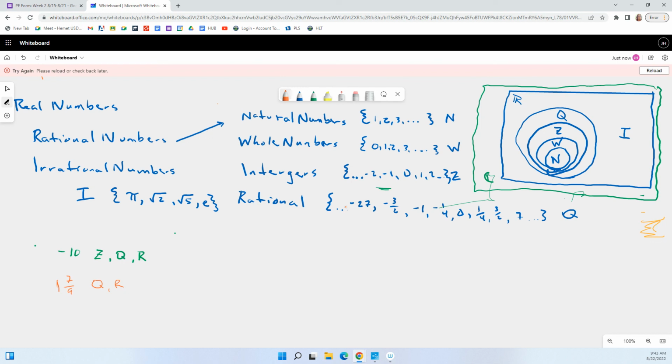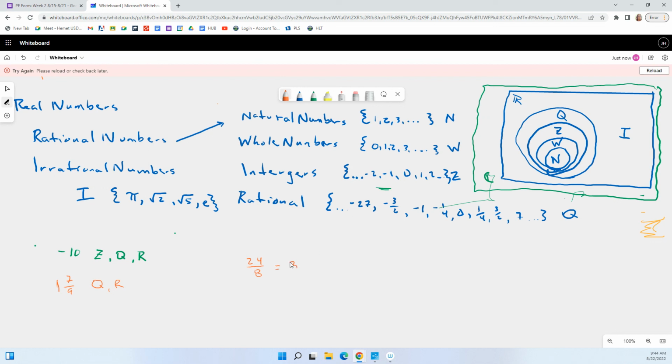What about, all right, what if I had 24/8? I like this problem because what is 24/8? What is 24 divided by 8? 3, yeah. So we've got ourselves a whole number. Good job, Dylan.